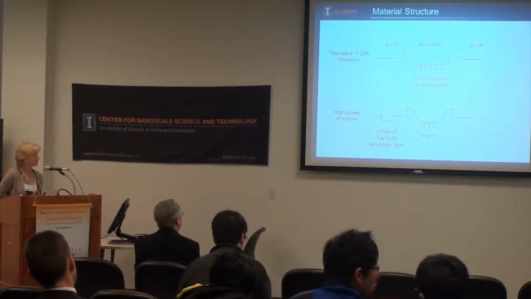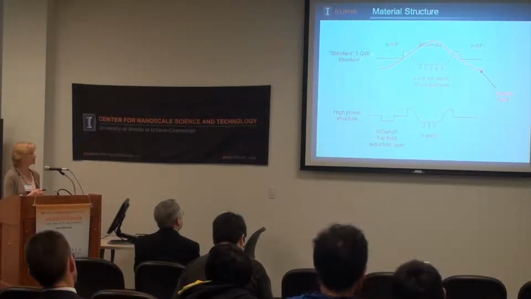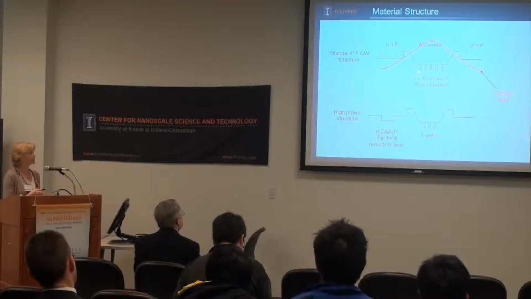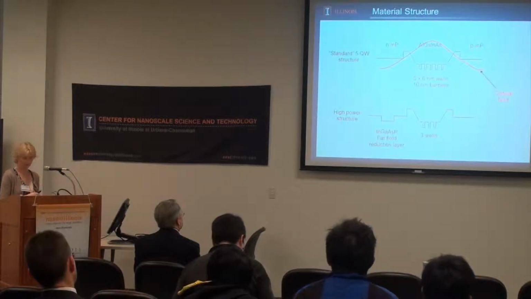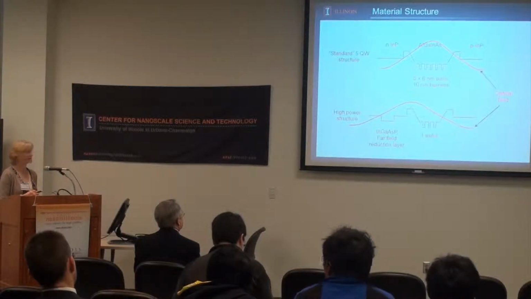Now, what this does is affect the optical field. If we look at the optical field in this structure, you can see that the maximum is in the middle of the quantum well layer. Here, it's being pulled over towards the N-side layer, and it does two things.